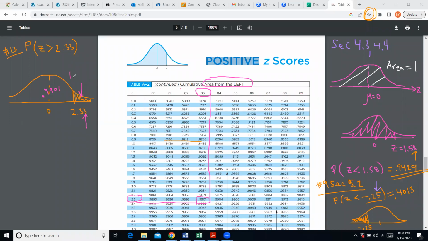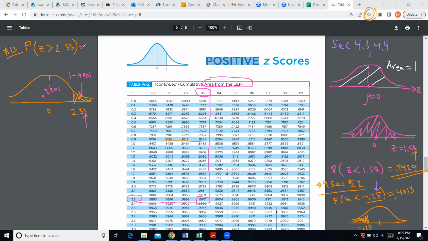And it turns out that I have to subtract that .9901 from number 1, because what we really care about here is a complement. So we need to see what is not on the left, because we need the right side. So it looks like tables always give us areas on the left side, but I care about the opposite direction, the right side.